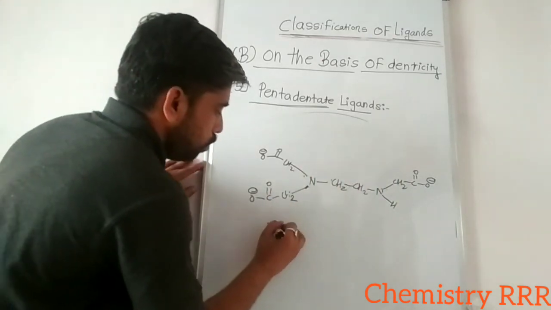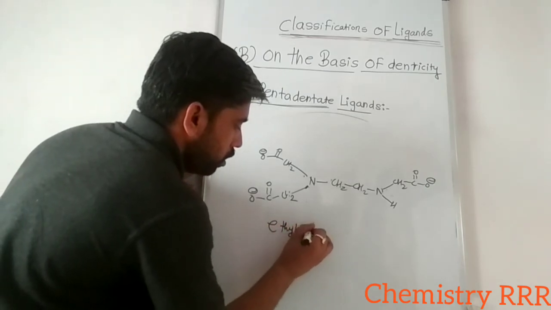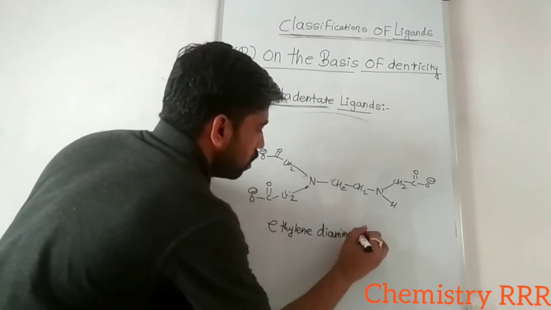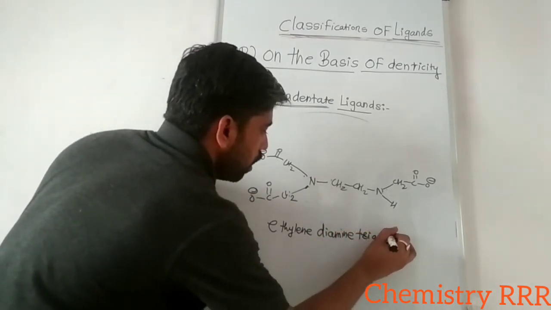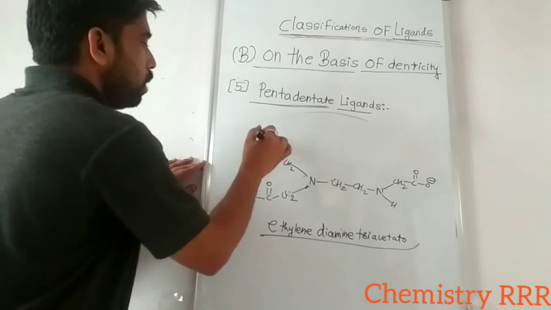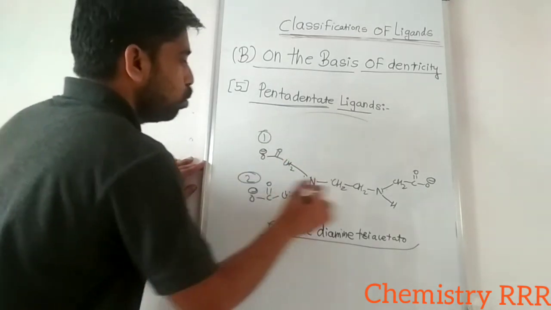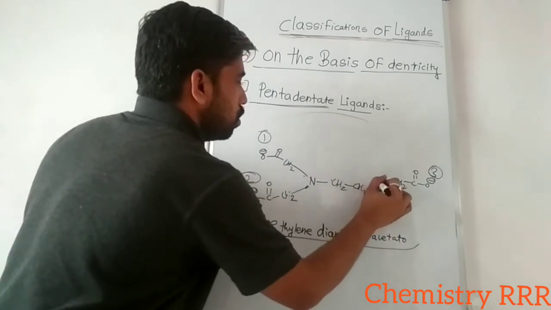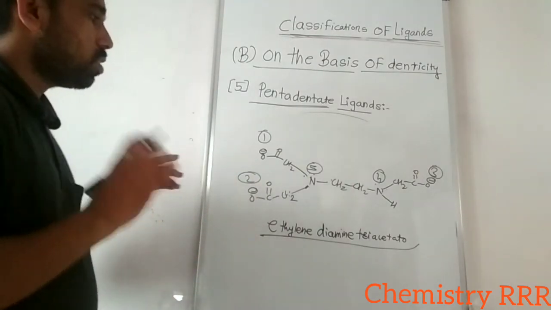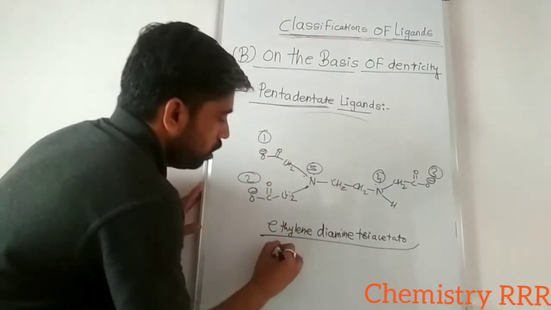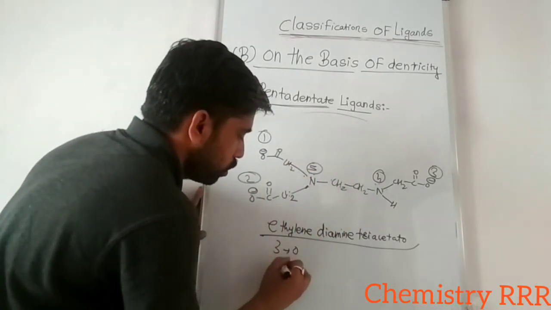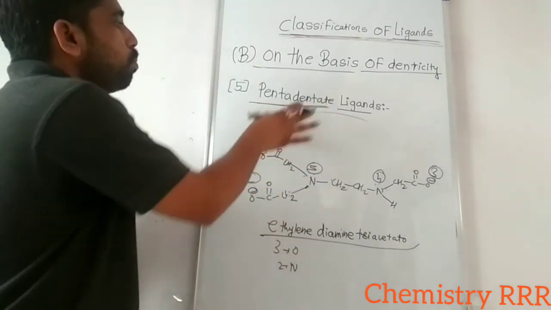It is a pentadentate ligand having 5 donor sites, 1, 2, 3, 4 and 5. It donates lone pairs of electrons from the 3 oxygens and 2 nitrogens.